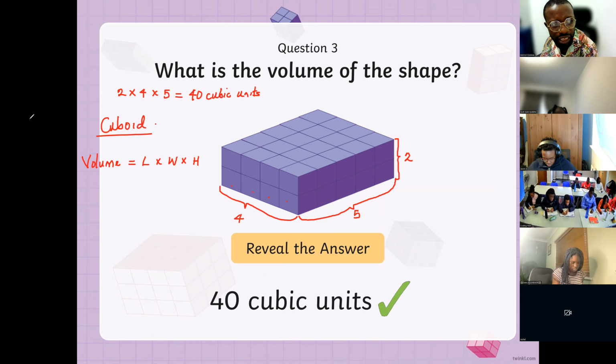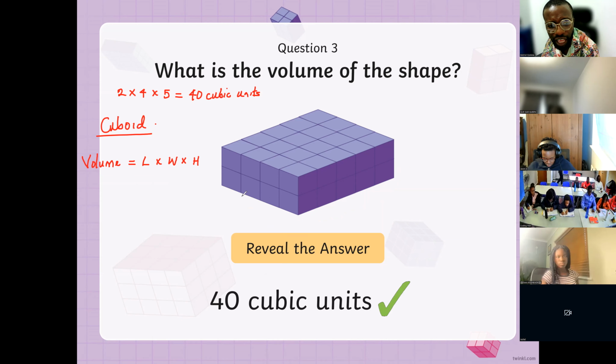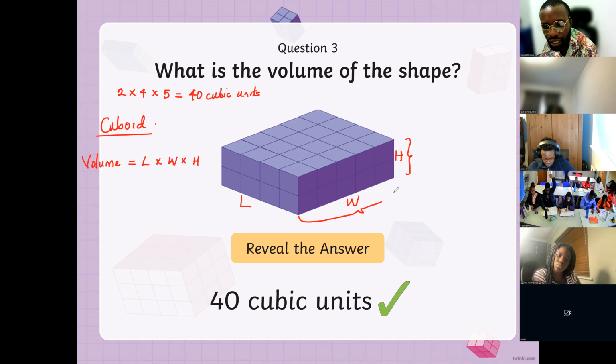So this is the length. Let me show you. For this cuboid, this is the length, this is the width, and this is the height.